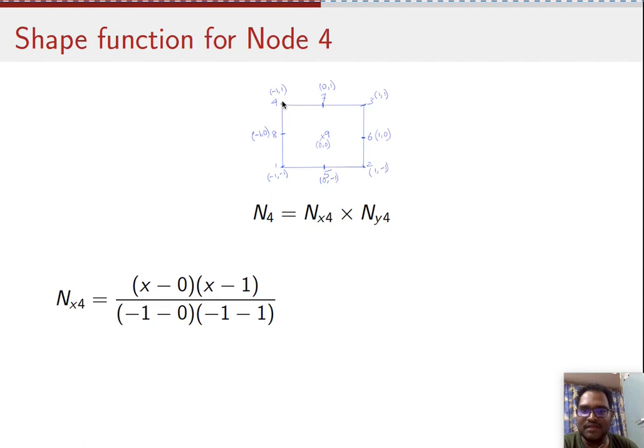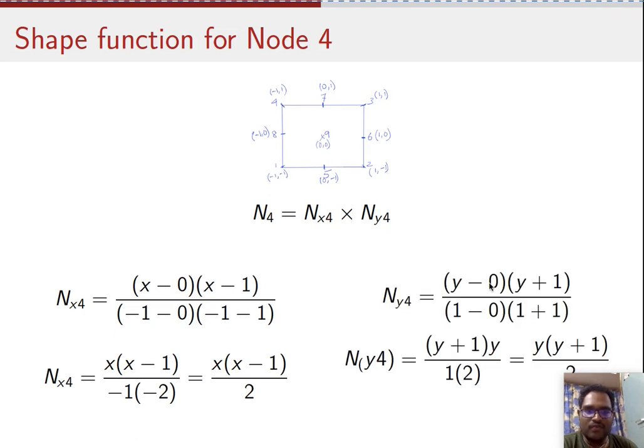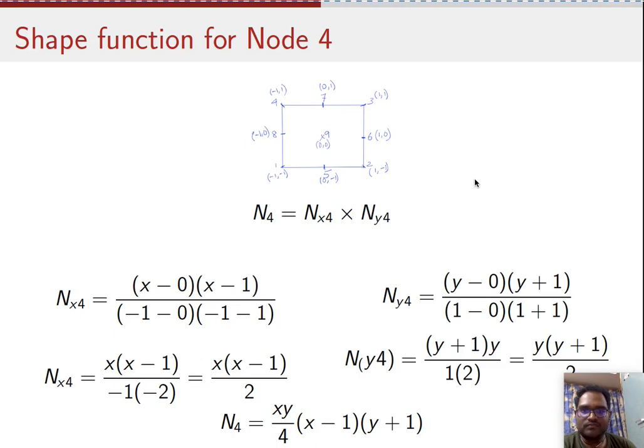Sorry for making that mistake. So here you'll have 0 and here you'll have 1. Substituting it, you'll get the value of nx4. In the y direction, obviously it is 0 over here and minus 1. So it will be y minus 0, y minus of minus 1, which is y plus 1. You'll get the value of ny4. So your n4 is nx4 times ny4, and you'll get the value of your fourth shape function.